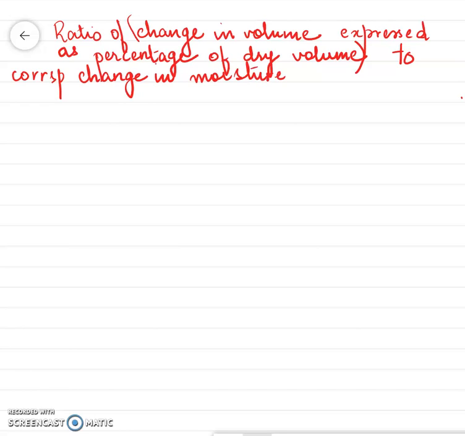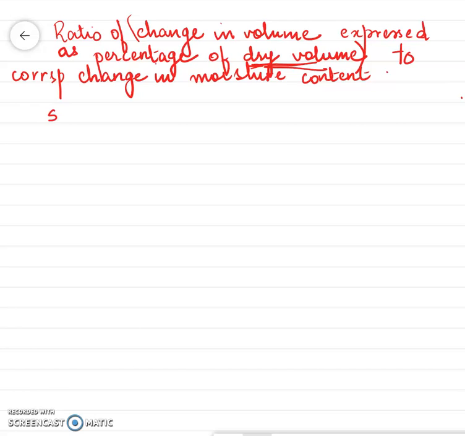So what do you mean by this? Okay, so you have a soil sample, let's say, which has a moisture content W1 and W2. So when there is a volume change at these two moisture contents, you take the percentage of this volume change with respect to dry volume, and divide by this change in moisture content.